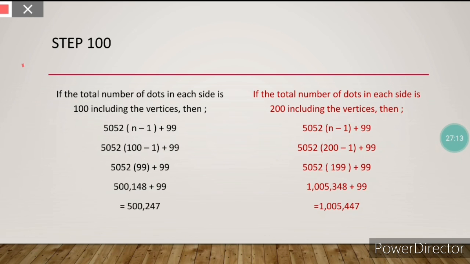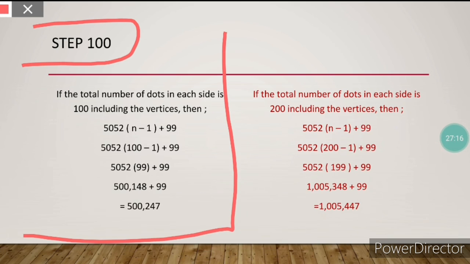Therefore, in step 100, if the total number of dots in each side is 100 including the vertices, then 5052(n − 1) + 99 is equal to 5052 multiplied by (100 − 1) + 99. 5052 multiplied by 99 plus 99 is equal to 500,148 plus 99, which is equal to 500,247.